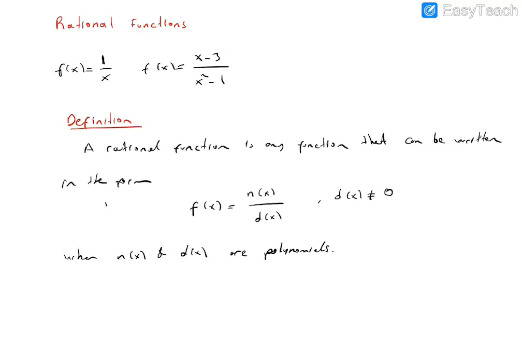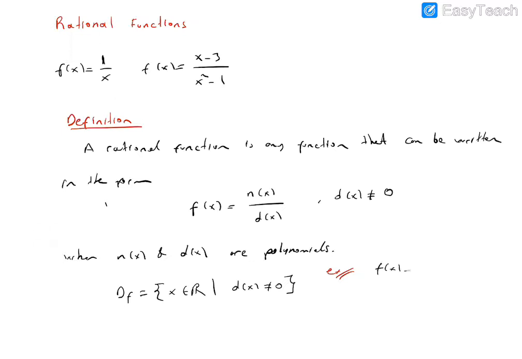So the domain is the set of all real numbers except where d of x is 0. Okay, so the domain of f equals all real numbers such that the denominator is different than 0. For example, maybe we can use the above example.